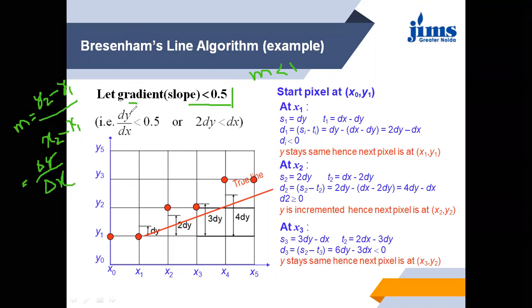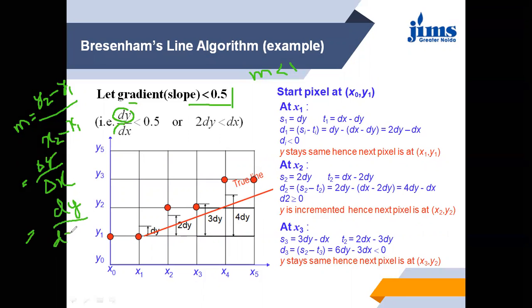We know the value of delta y and we know the value of delta x. Delta y and delta x are also called dy and dx, and sometimes dy by dx.